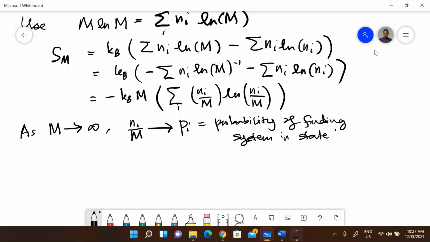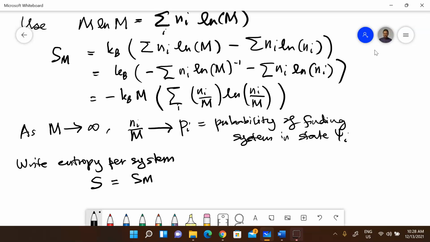That now allows us to write the following. One can now write the entropy per system. Remember that we are considering m identical systems. So for each system, the entropy per system is given by S_m previously, divided by m.